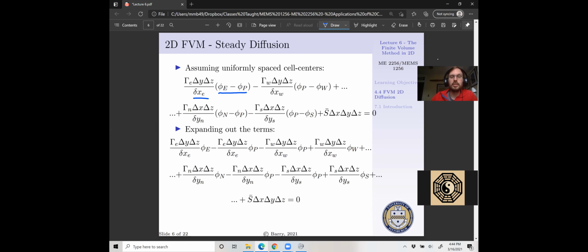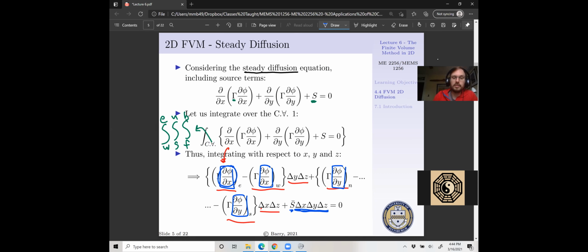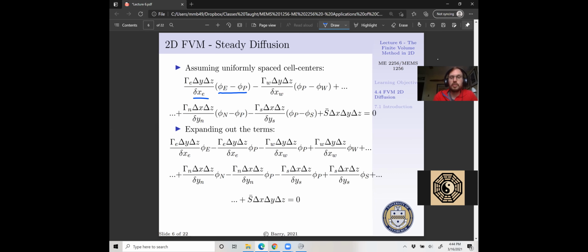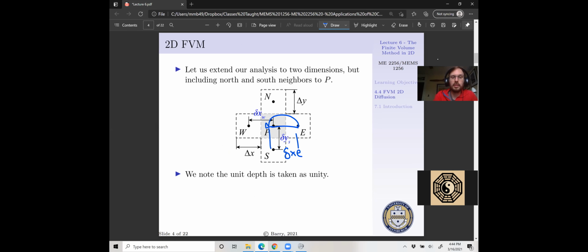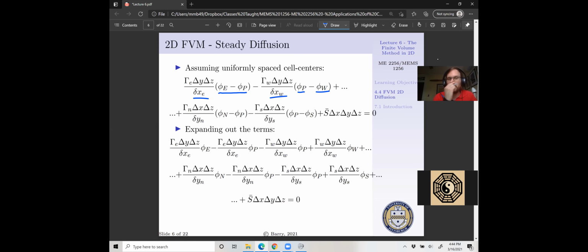And then when we do our second derivative, evaluating our west face, we're also going to do a first order backward difference. We'd have phi p minus phi west per delta x west. So those are how we represent our derivatives.